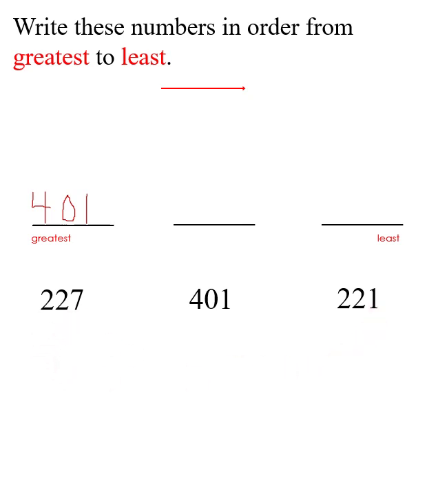So I know 227 is going to have to come next. So 227 goes on the middle line. And that means our smallest number then is 221. Since 1 is smaller than 7, 221 is the least.